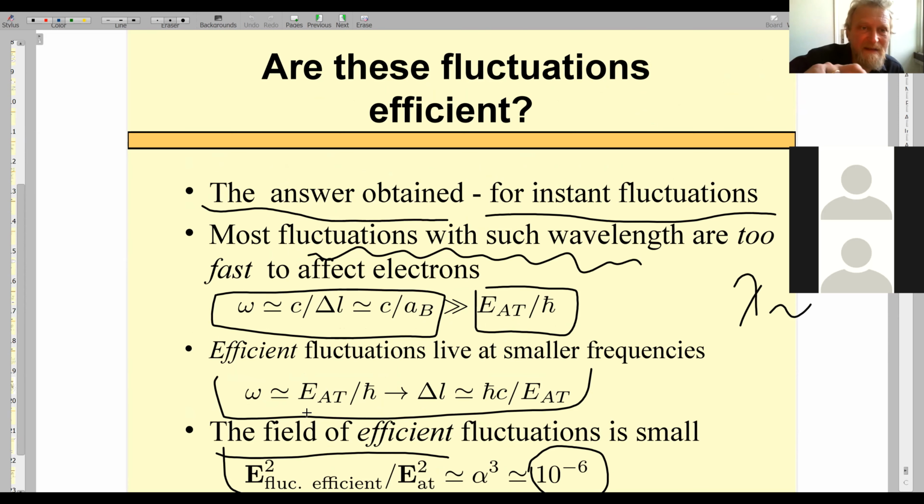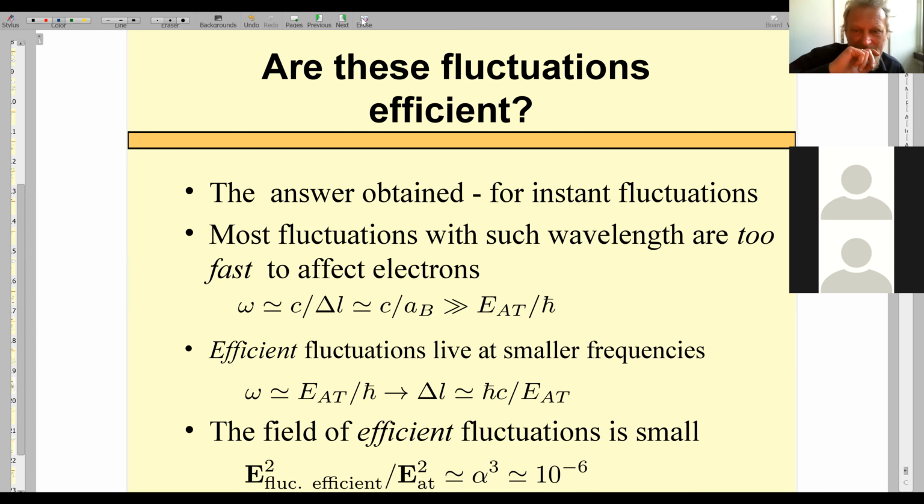Just to understand a little bit, to think more a little bit. This is the answer which you get for instant fluctuations. But it means that these fluctuations are contributed by all frequencies.